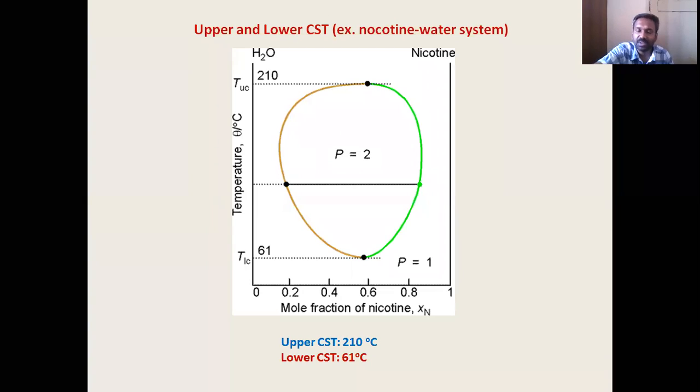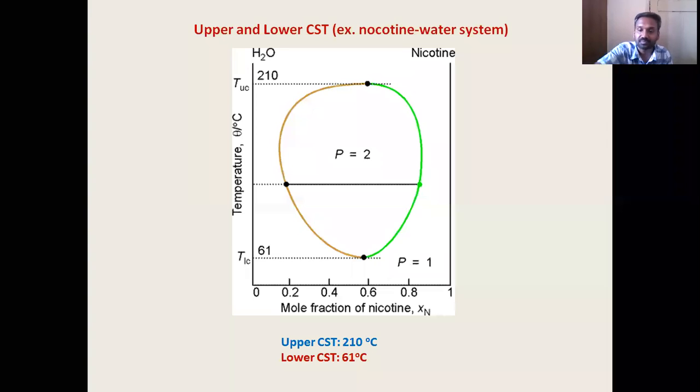So it is not possible to theoretically predict CST using some equation. CST is a perfectly experimental quantity which has to be determined only by doing the experiment. You can in no way predict using some equations what would be the CST of this system.